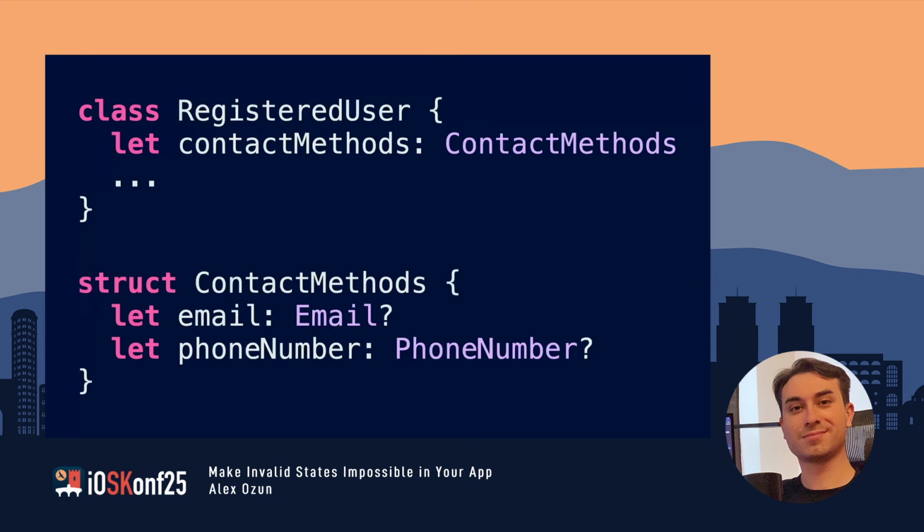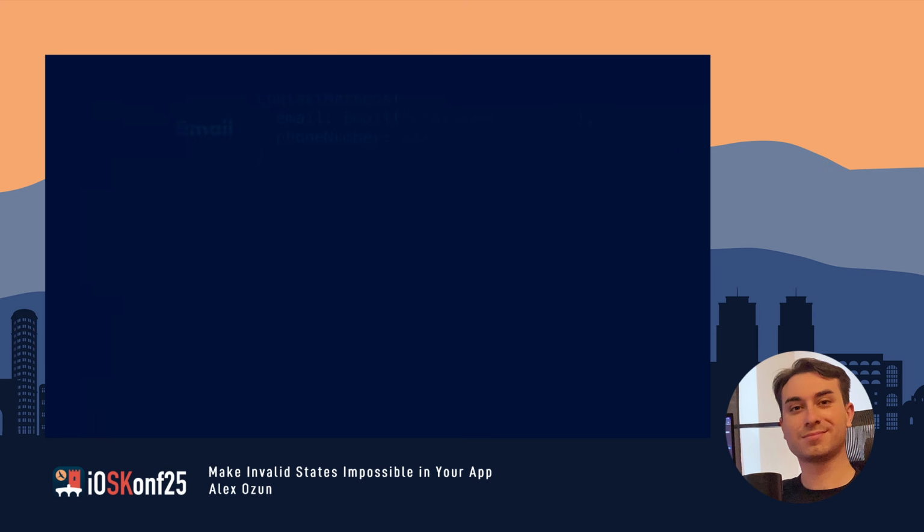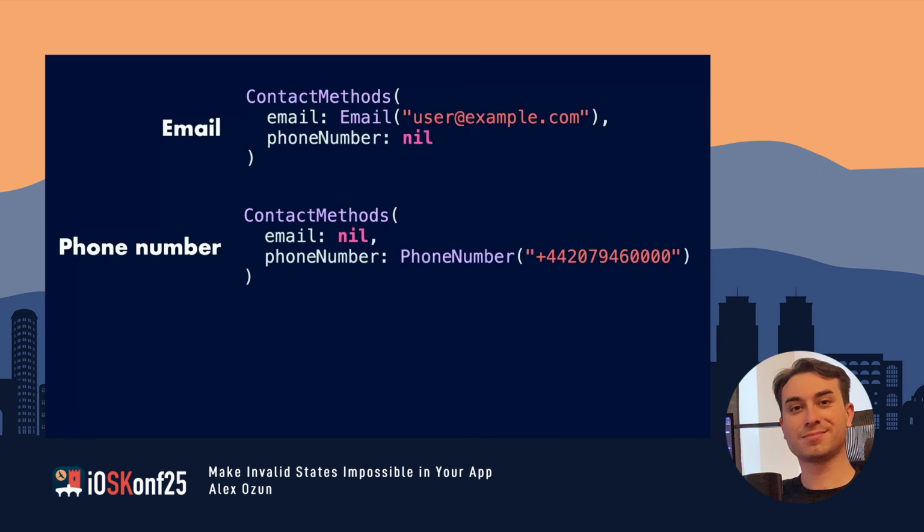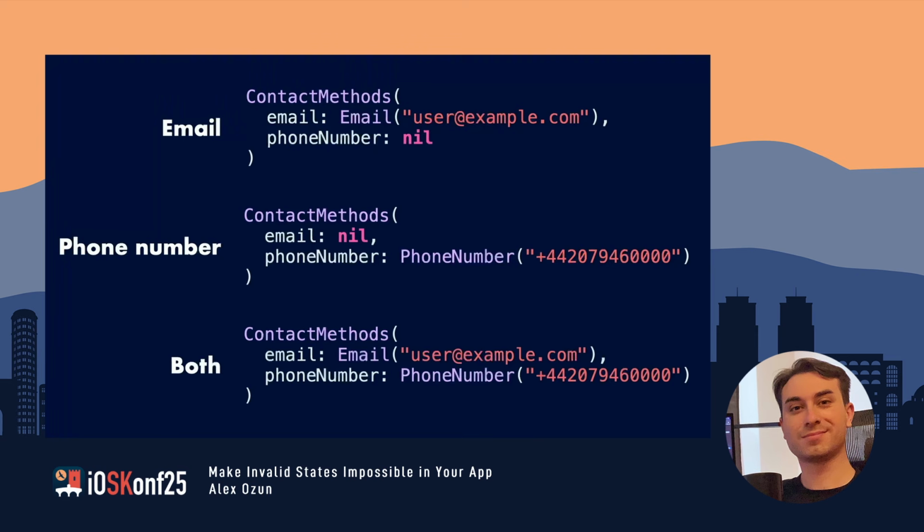We can express our contact methods as such. We have email and phone number. They're optional, so we can mix and match them. Let's verify that this data structure satisfies our requirements. Here's the state of a registered user which has only an email. This one has only a phone number, and this one has both.